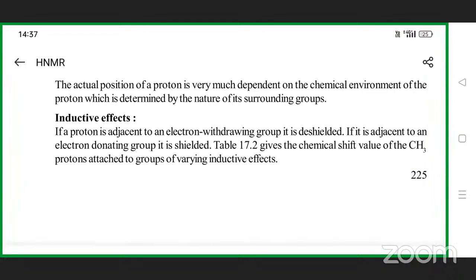The presence of a more electronegative atom or electron withdrawing group appears in the de-shielded region, causing an increase in the delta values. And if it is adjacent to an electron donating group, it is shielded, right? So an electron withdrawing group increases the delta value, and an electron donating group decreases the delta value.